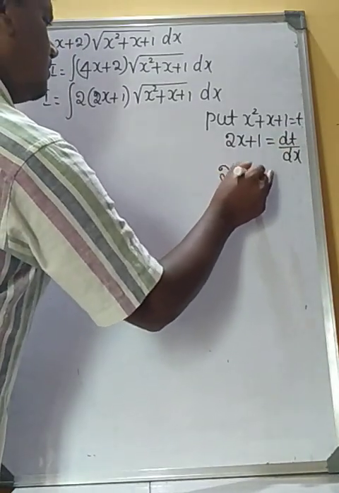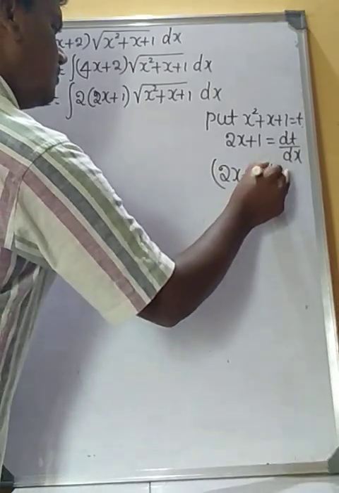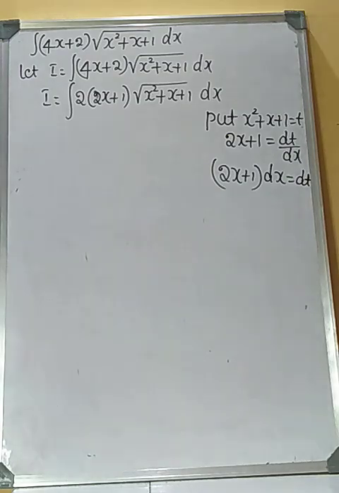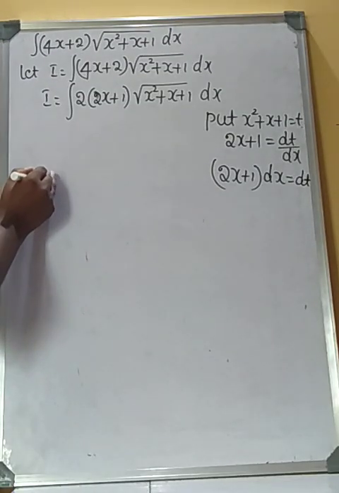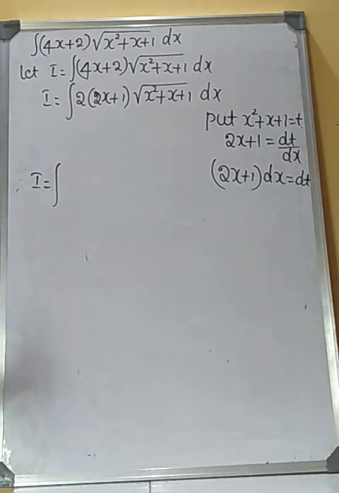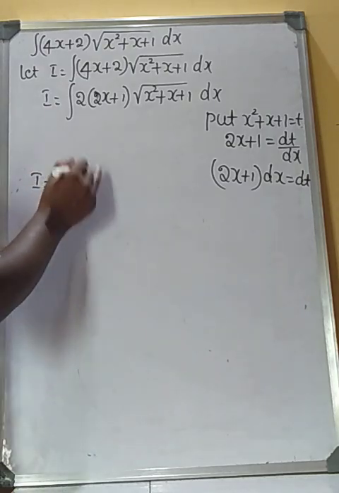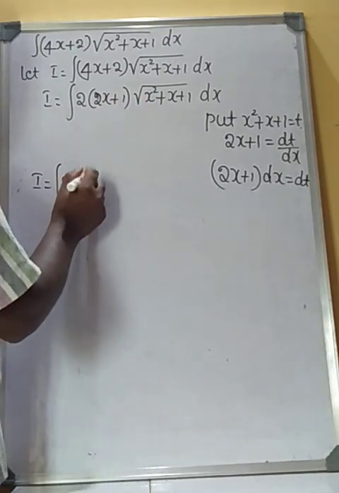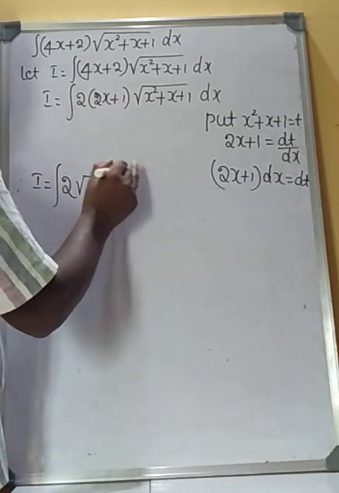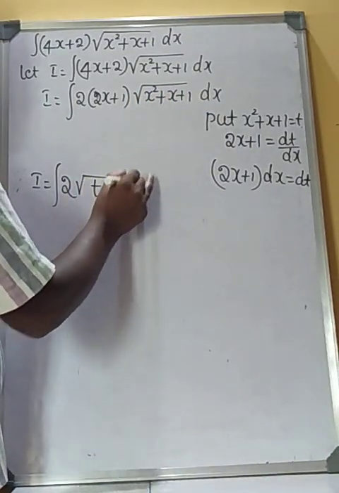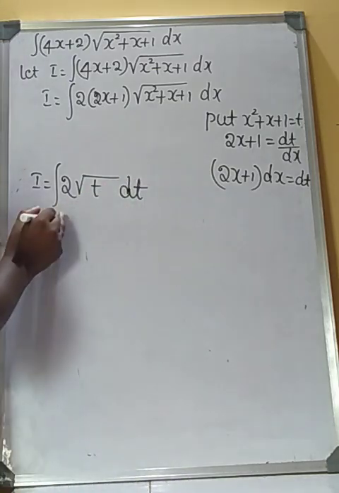Therefore, 2x plus 1 into dx is equal to dt. So substituting in the given integral, I equals the integral of 2 into 2x plus 1 into dx, which is dt, so root of x square plus x plus 1 is root t, into dt.